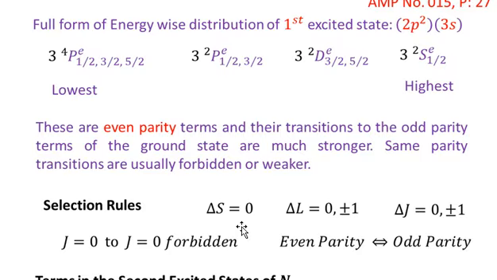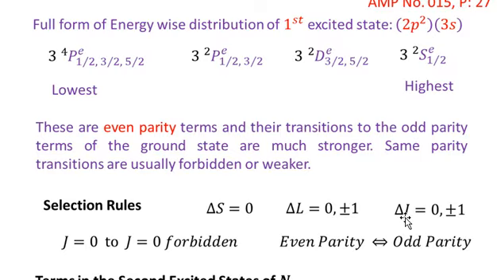Either the multiplicity of the two states is 4 and 4, or the multiplicity of the two states is 2 and 2. Delta L is equal to 0, plus or minus 1. That is, the change in orbital quantum number should be equal to 0 or plus or minus 1. And the change in the total quantum number J should be equal to 0, plus or minus 1. But the 0 to 0 transition is forbidden.